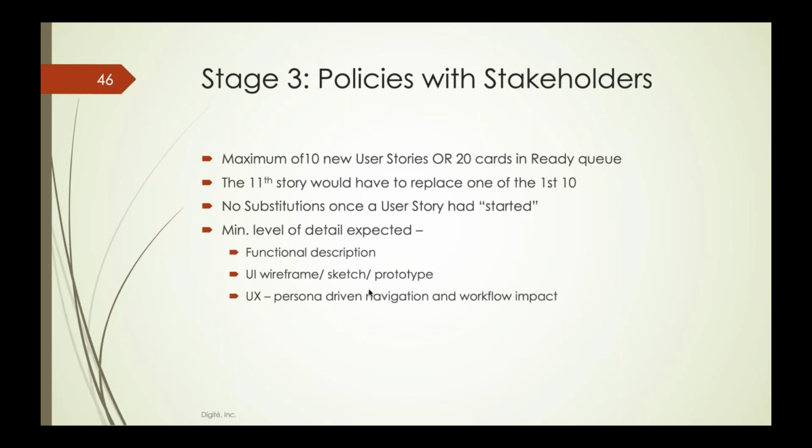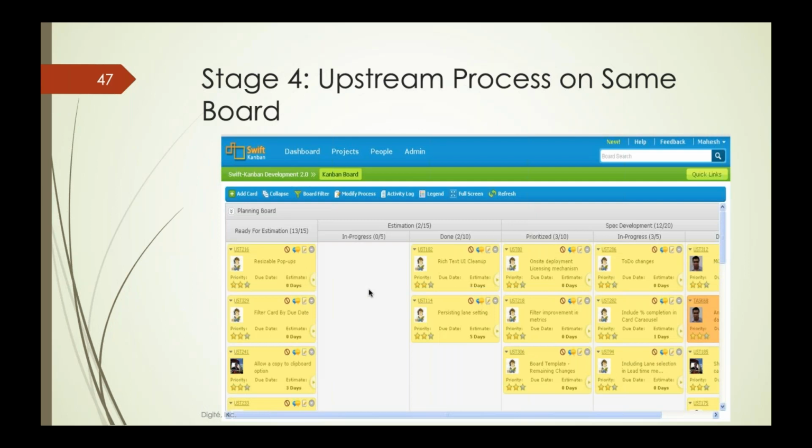And then, of course, we had certain minimum norms defined for how product management would define work so that the dev team could work on it, whether it is in terms of functional specifications or it is UI or other aspects of the user experience. These all became part of our own policy definitions and how work would come into the system, and became agreements between the dev team and the product management team.